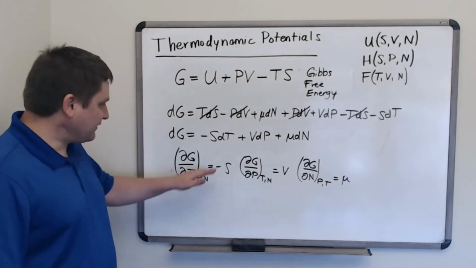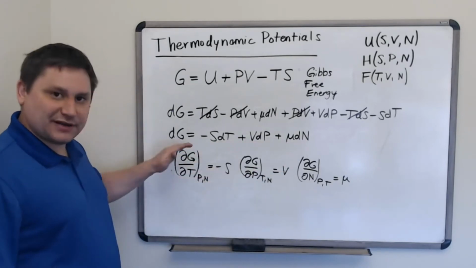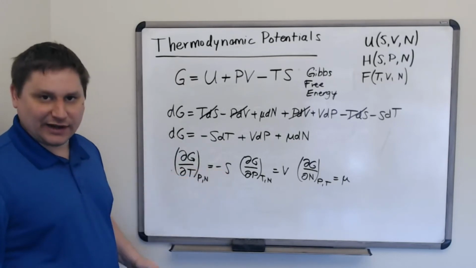Our natural variables are temperature, pressure, and particle number. These derivatives have simple forms. They give the conjugate variables with a positive or negative sign.